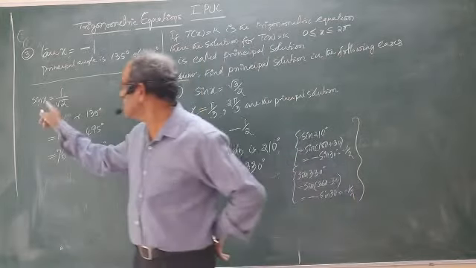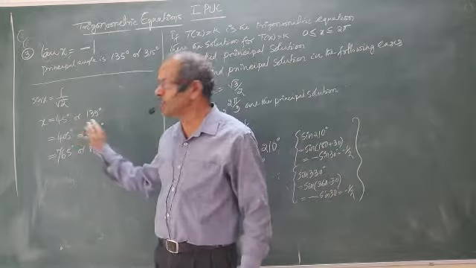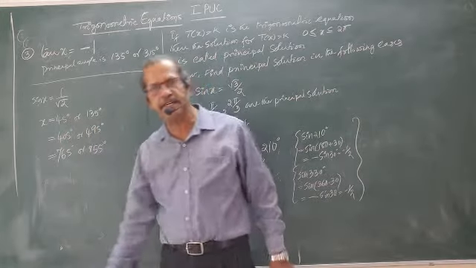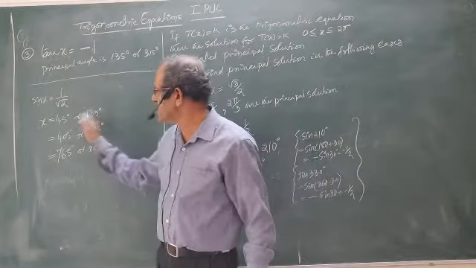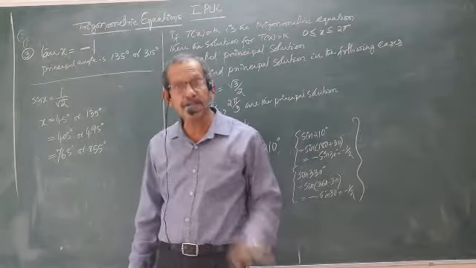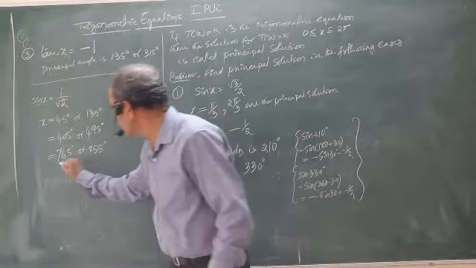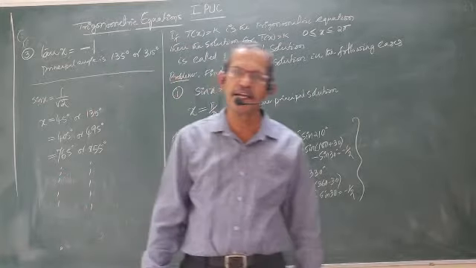So, for sin x equal to 1 by root 2, not only two solutions for that equation, there are plenty of solutions. Just by adding 360 to the principal angle solution, you get infinitely many solutions. So, set of all these solutions are called general solution of the equation.